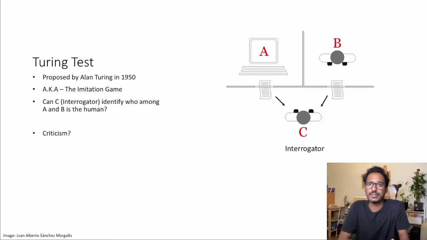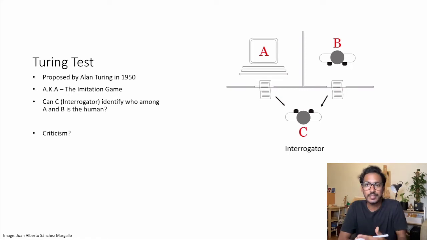This was based on the thought experiment called the imitation game, where an interrogator will be questioning a man and a woman and will be trying to identify who the man is and who the woman is solely based on their responses, typically written responses.